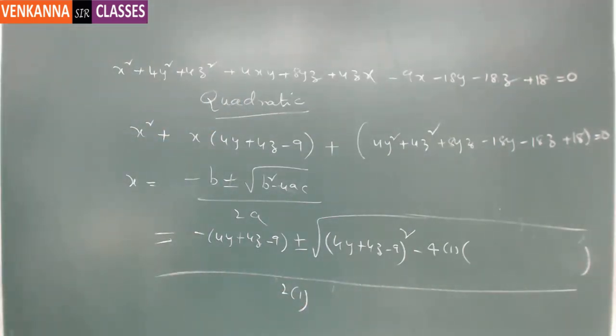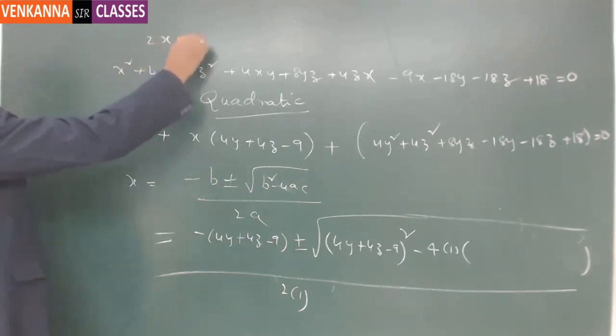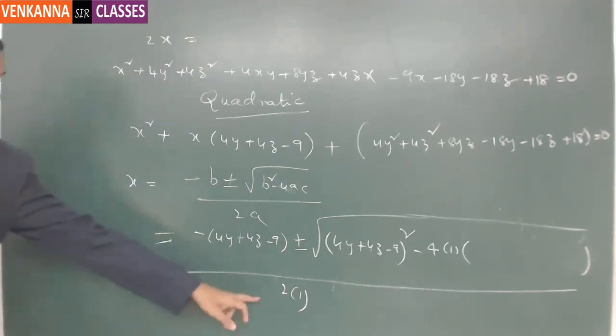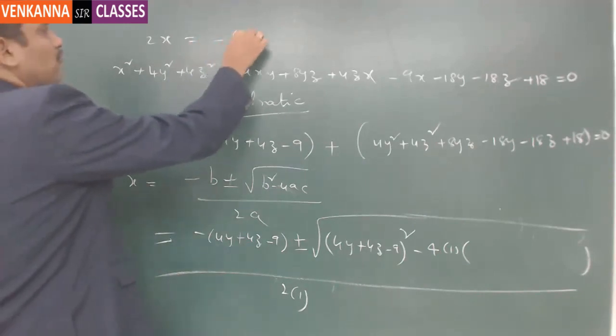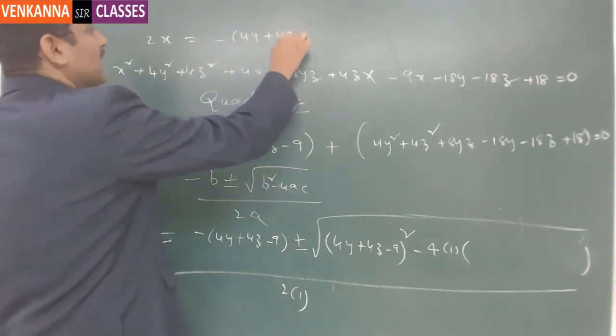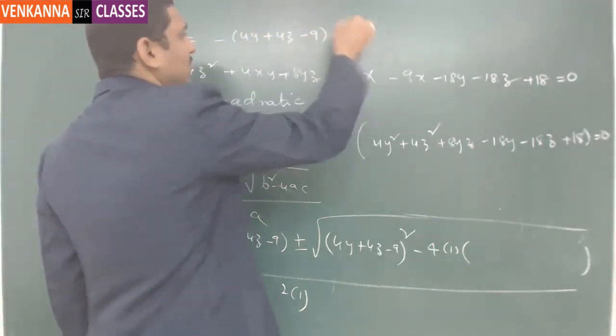I think you know how to simplify that part. So I will write the final answer there. You are going to get 2x equals, taking 2 to the left hand side, minus of 4y plus 4z minus 9 plus or minus 3.